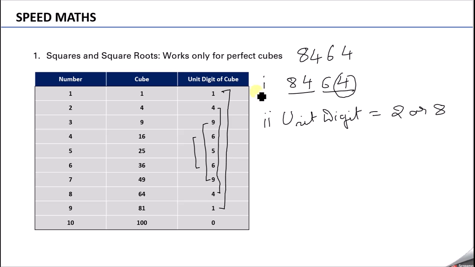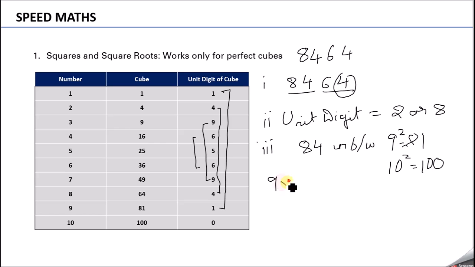Next, take 84. We need to check which two squares it lies between. 9 square is 81 and 10 square is 100, so it lies between 9 and 10. Now we multiply the two numbers: 9 into 10 is 90.